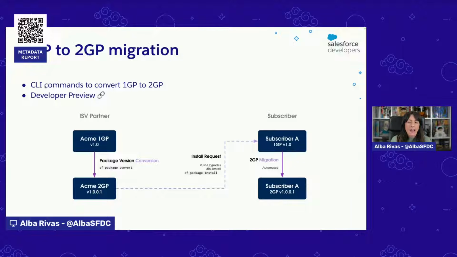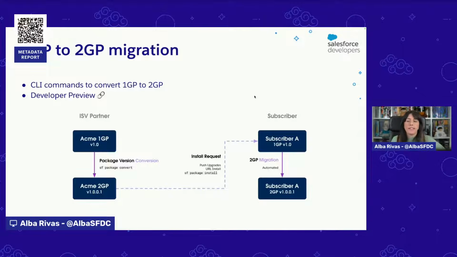Those CLI commands are currently in developer preview, and the idea is that you create those converted packages, and then you synchronize with your subscribers, your customers, so they do the migration.